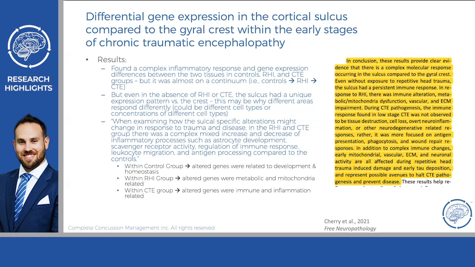They were mostly repairing tissue in the CTE group, whereas in the RHI group, they were still in the metabolic phase. So there may be some continuum, whereas the control group has differences in genetic processes, genes that are in those tissues. When you have some head injuries, those genes are now responding in different ways to basically the metabolic end of things. And then when you progress into CTE, now it's more of an inflammatory and immune type of situation.